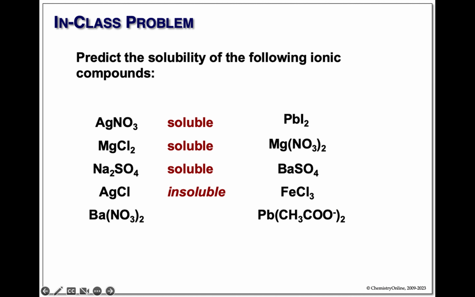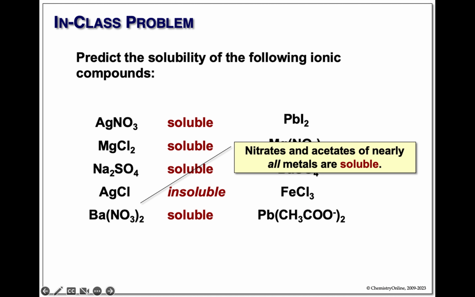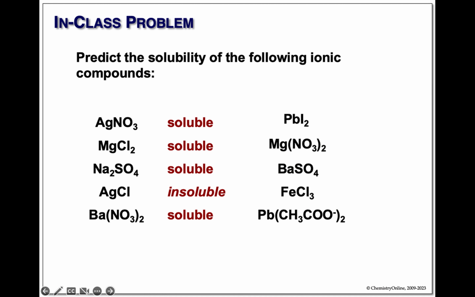Barium nitrate. Well, barium's a group 2 metal, right there. But it's a nitrate. All nitrates and acetates are soluble. Lead iodide, we just saw that in the movie, starring in the movie.